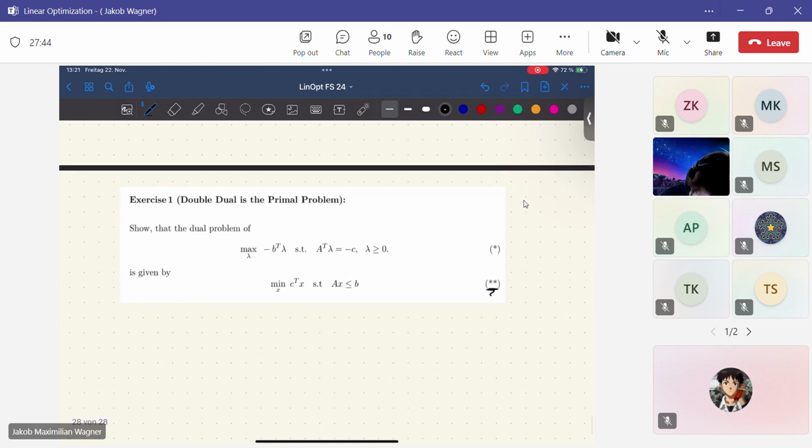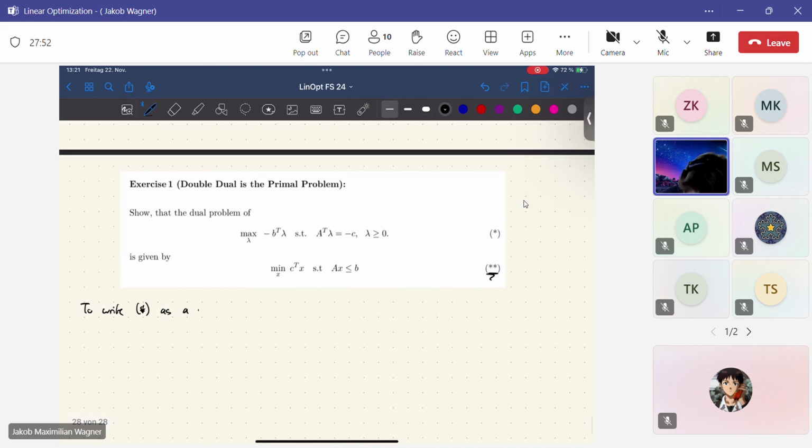So we say that we write this problem, star, as a minimization problem in what we call canonical form. We do the following: we replace this equality constraint by two inequality constraints.